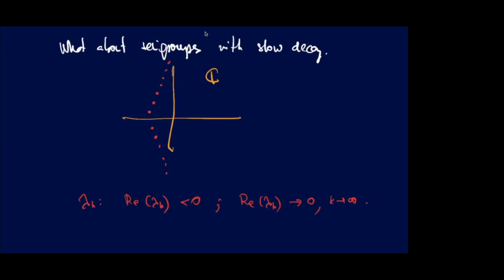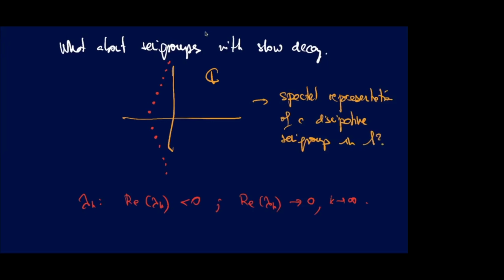So this is the spectral representation of a dissipative semigroup in, for instance, the infinite dimensional Hilbert space L2.